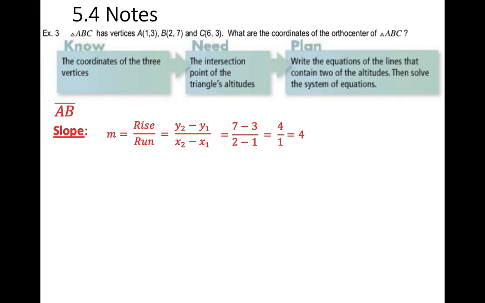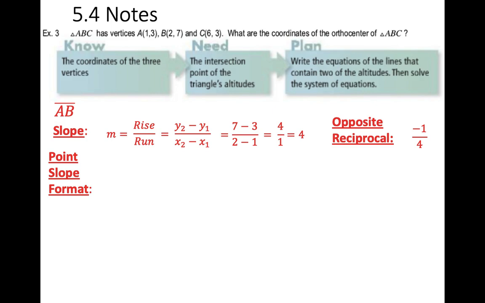But what I want is the slope of the line that is perpendicular to AB. And that would be the opposite reciprocal of that slope, because 2 slopes that are perpendicular are opposite reciprocals. Or if you multiply them, their product is -1. So the opposite reciprocal of 4 is -1/4. So now I know that the slope of my altitude is -1/4, and it goes through point C. So I'm going to put it in the point slope format.